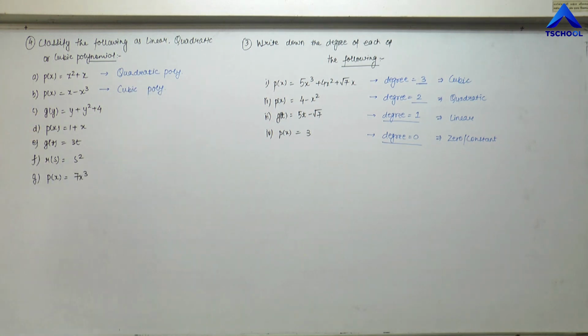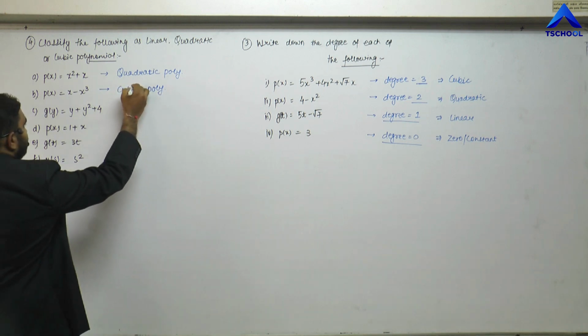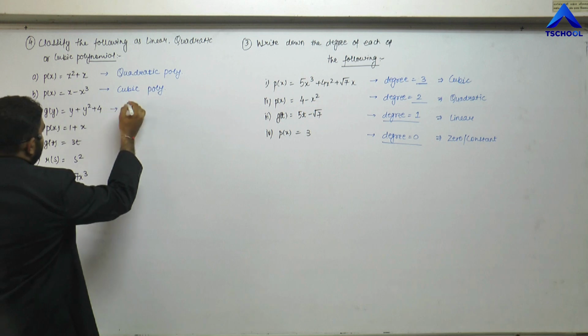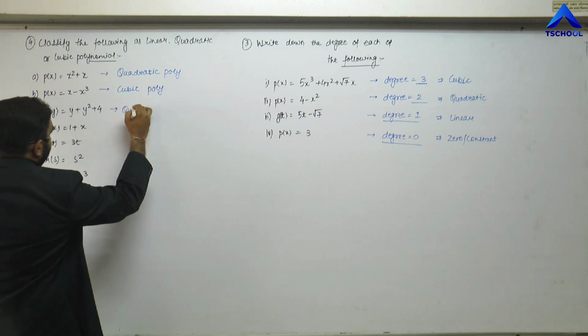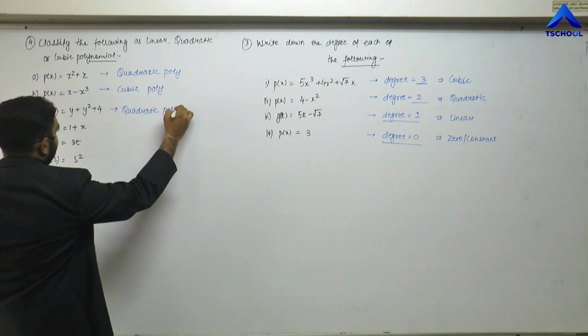Then looking for the third one, the third question is g of y is equals to y plus y square plus 4. In this question we are having the highest power 2. That means it will be a quadratic polynomial.